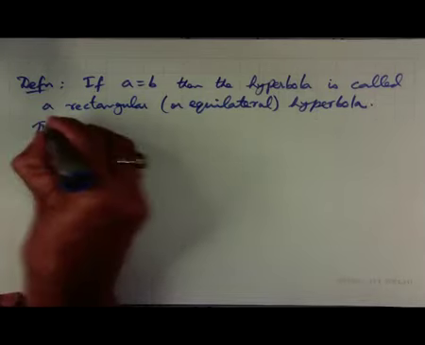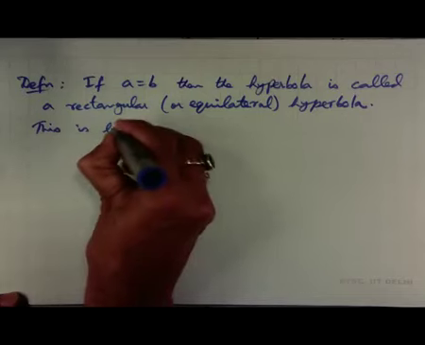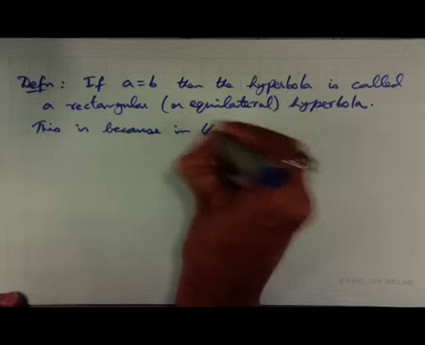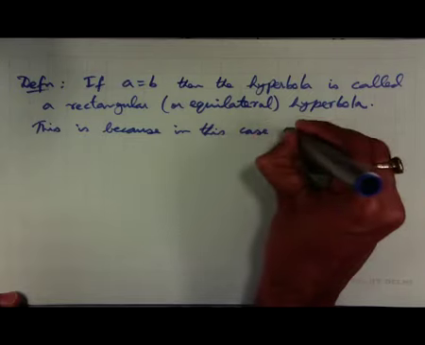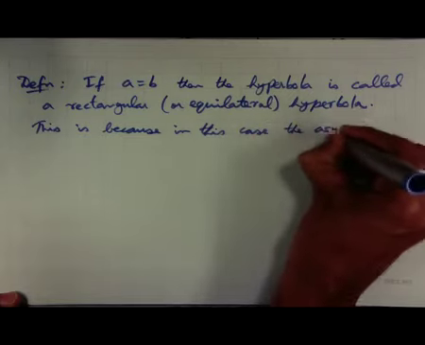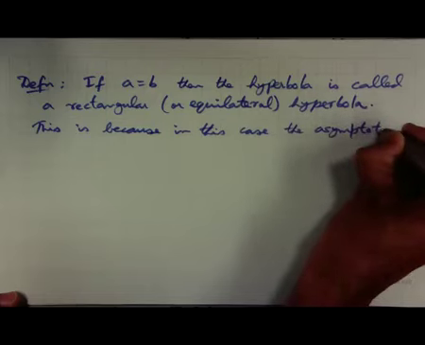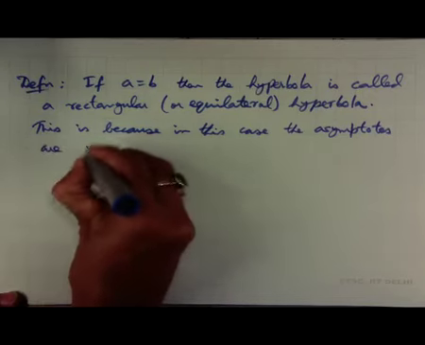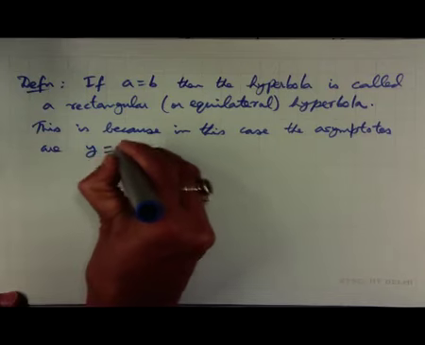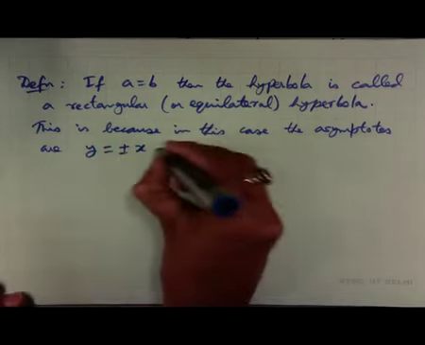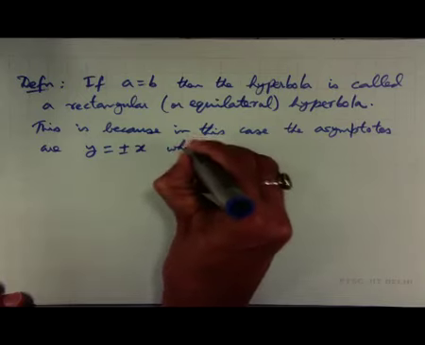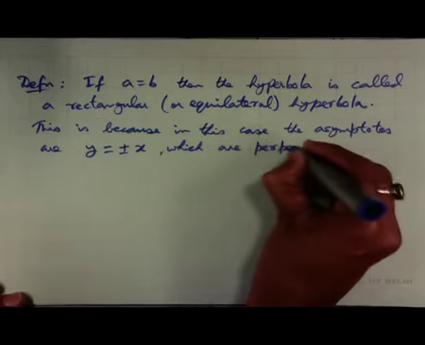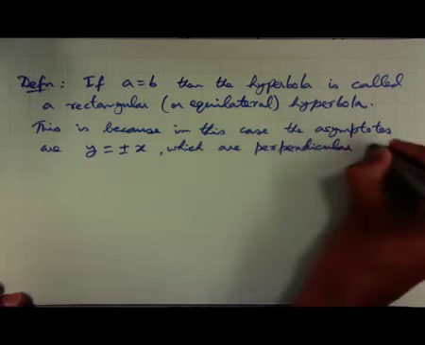This is because in this case the asymptotes are y equal to plus minus x, and these are perpendicular to each other.